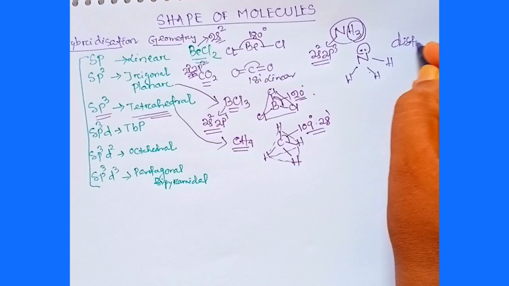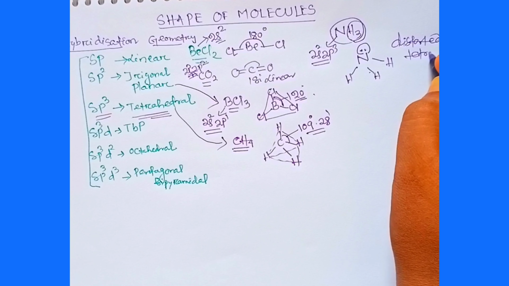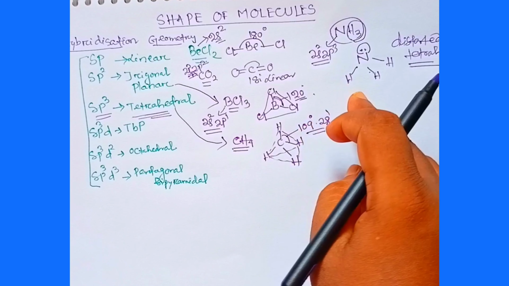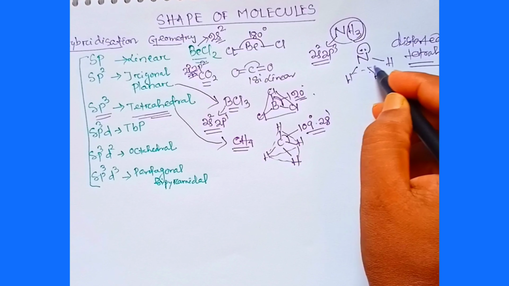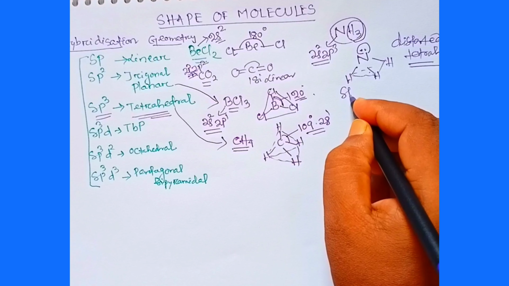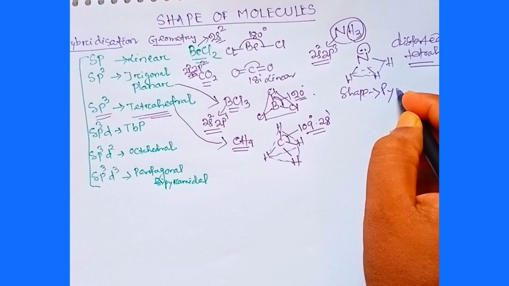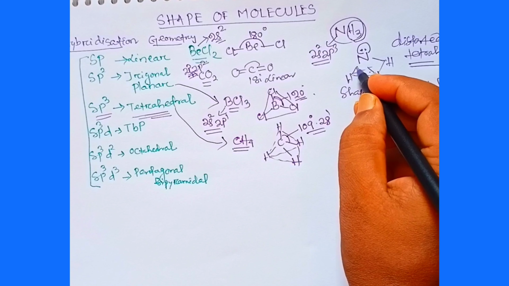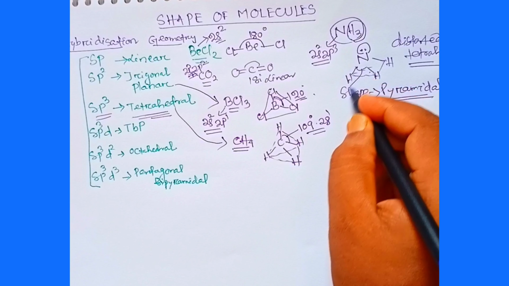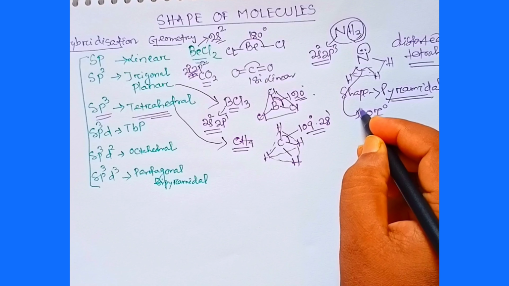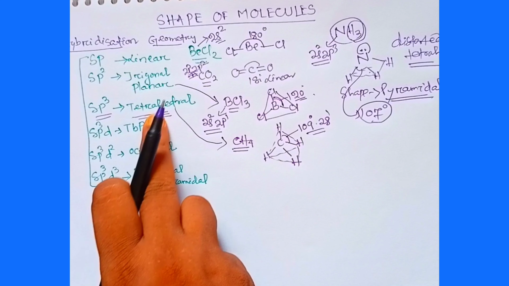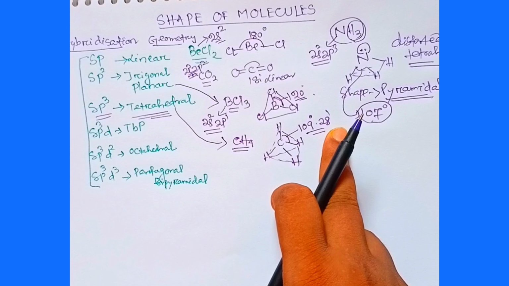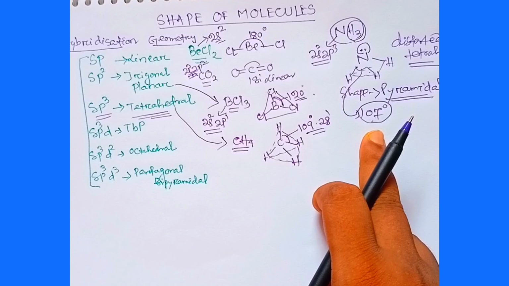And if we see its shape, it looks like a pyramid, so its shape will be pyramidal, and its bond angle will be 107 degree. One thing I want to discuss here: in the tetrahedral geometry the bond angle should be 109 degree 28 minute, but in the case of ammonia it is 107 degree.